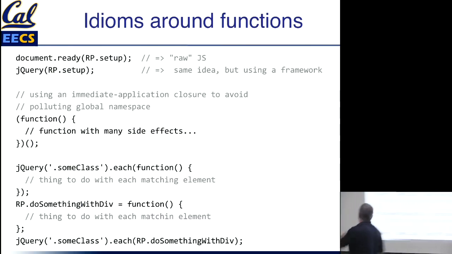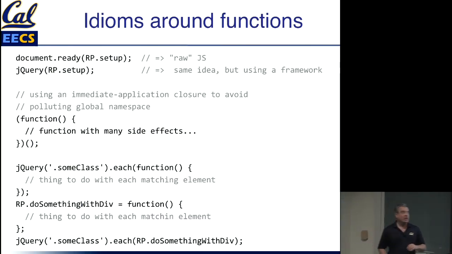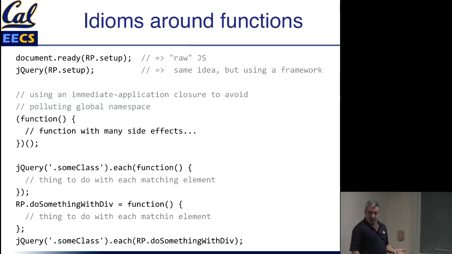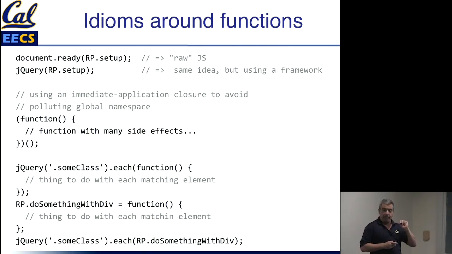OK, passing functions around. One of the most common JavaScript idioms, in fact, it's almost impossible to get any serious work done in JavaScript in the browser without it, is the idiom of passing a function to something, usually because that function is going to be called at some later point in time. For example, in the early days, before there were JavaScript frameworks like jQuery, one of the standard calls provided by the browser's JavaScript API used document.